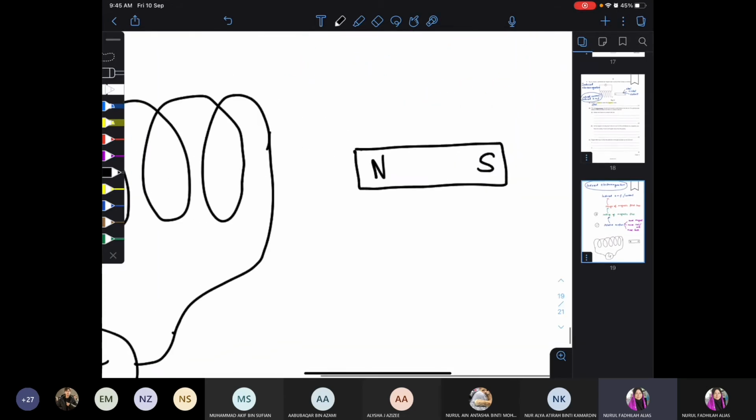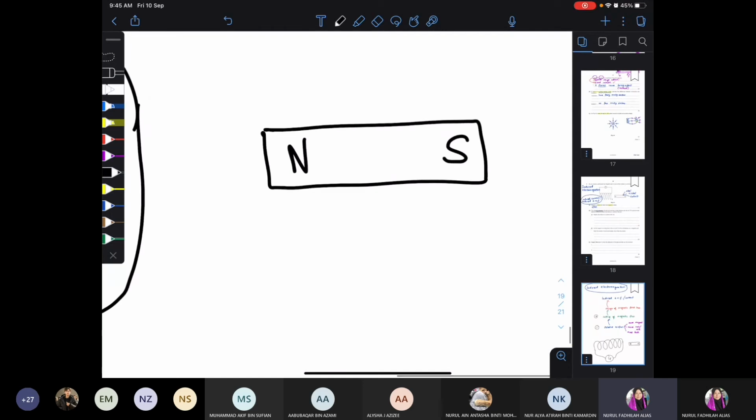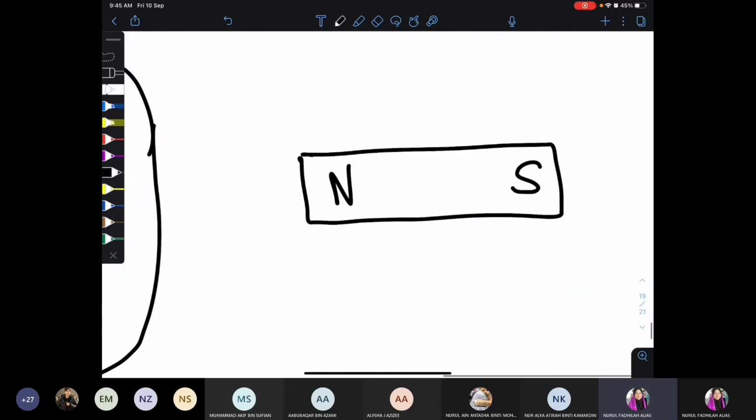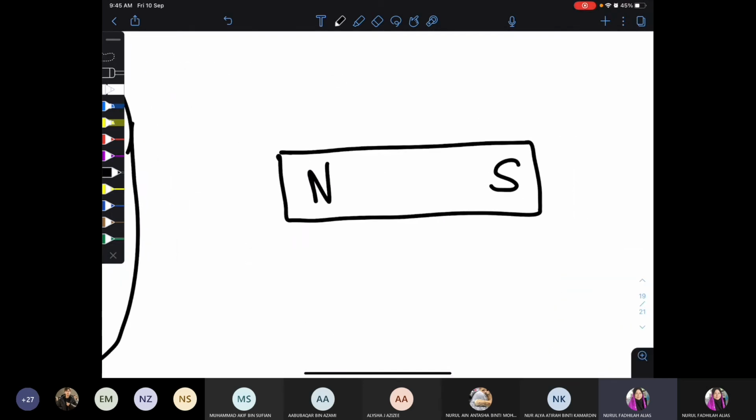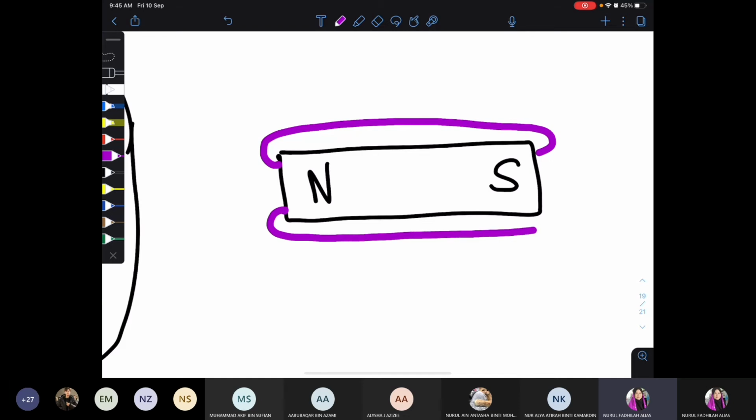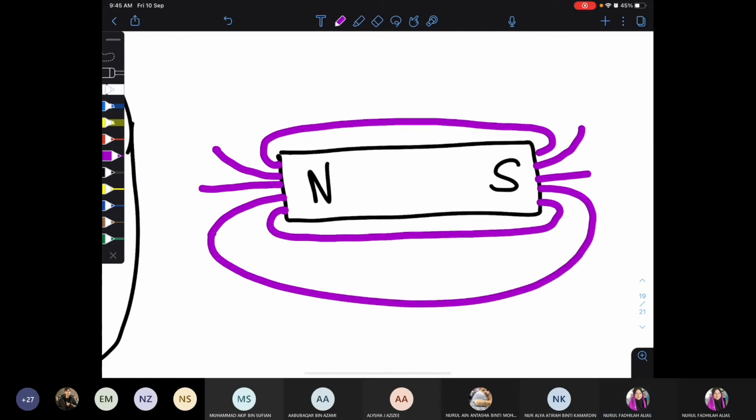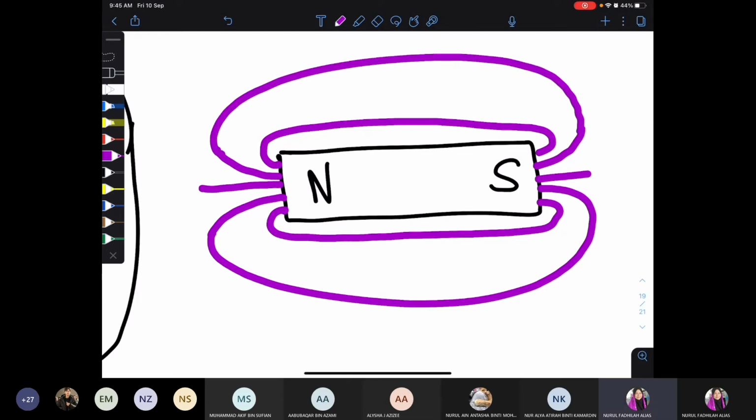What do you know? Ada dekat north, dekat permanent magnet, but you cannot see it. Apa yang ada pada the magnet? Dia ada magnetic field lines. Dia ada magnetic field. And then kita ada imaginary lines tu yang menunjukkan ada magnetic field. So we call this as magnetic field lines.